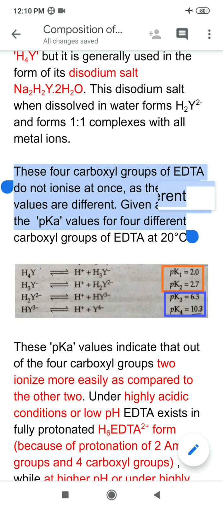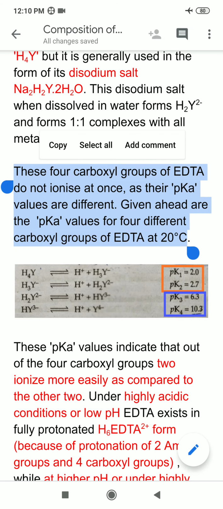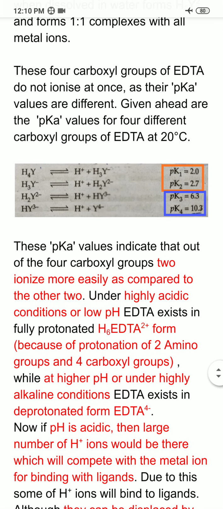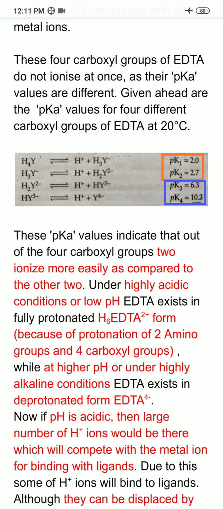Given ahead in this table are the pKa values of 4 different carboxyl groups of EDTA at 20 degrees Celsius. You can see in this screenshot I have written H4Y dissociating, or in equilibrium with, H+ and H3Y-.